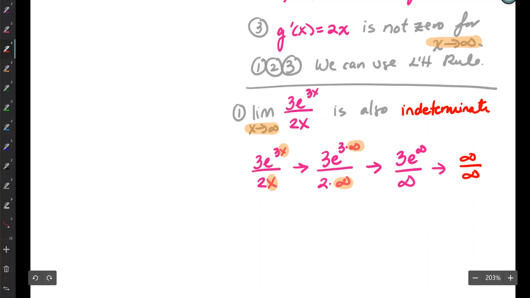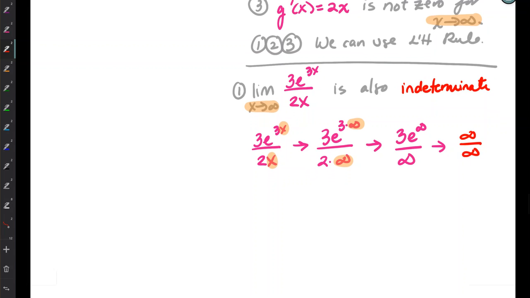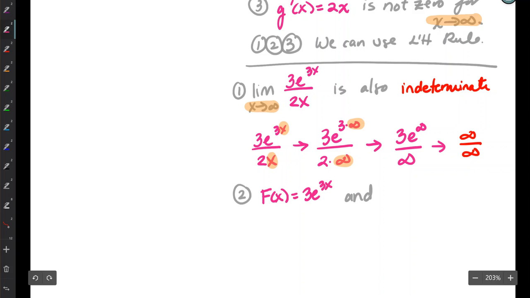Okay. My numerator function and my denominator function are differentiable.